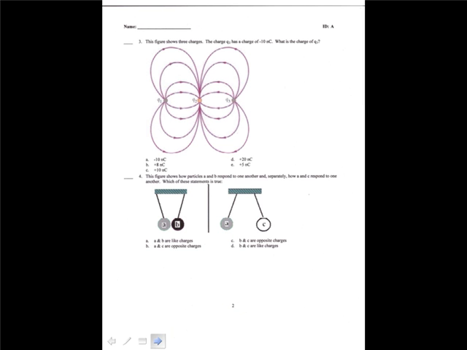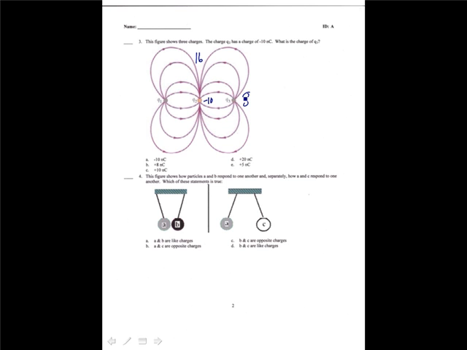Okay, this figure shows 3 charges. The charge Q2 has -10 nanocoulombs. What is the charge of Q3? Well, if you want to count the number of field lines, there are 16 field lines going into Q2, and there are 8 field lines coming out of Q3. So we know that the magnitude of the charge of Q3 has to be half that of Q2, because there are half as many field lines coming out.